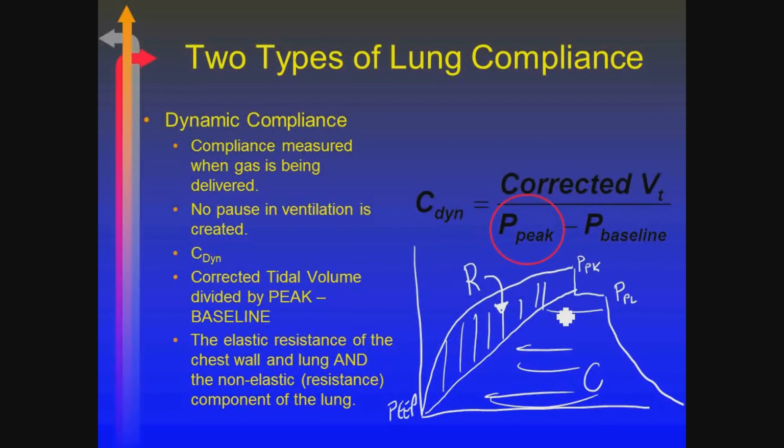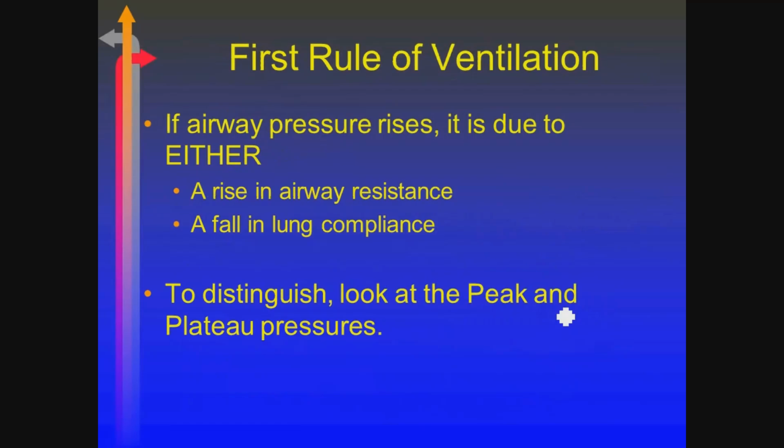Peak minus baseline. Now, when you have a rise in pressure, I think this is where Kathy was going, you either have a change in resistance or a change in compliance. Either the airway resistance has increased, and that's what's causing a higher pressure required to ventilate that patient, or the lungs have become stiffer, requiring a higher pressure.